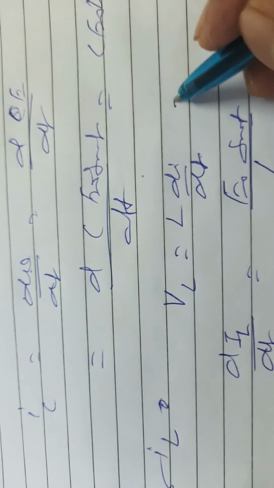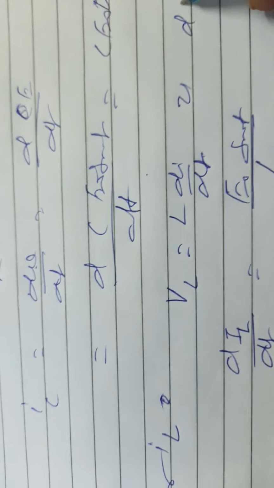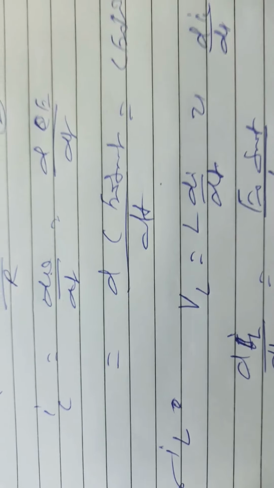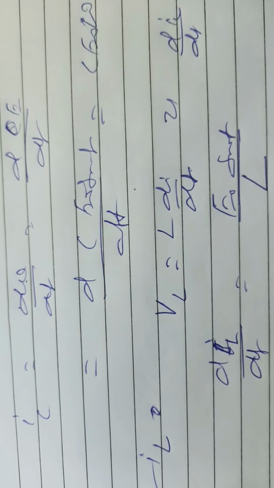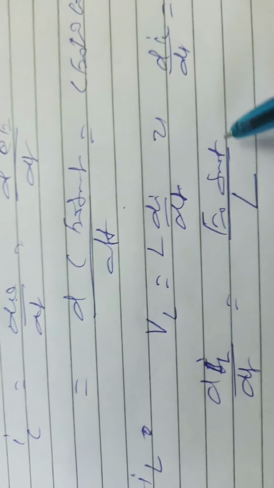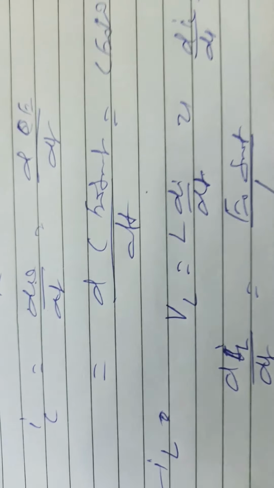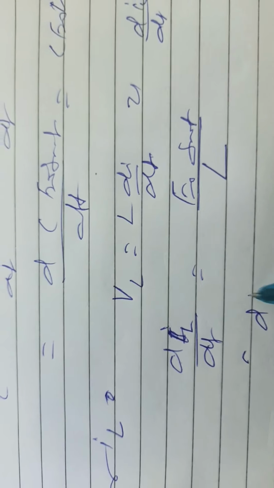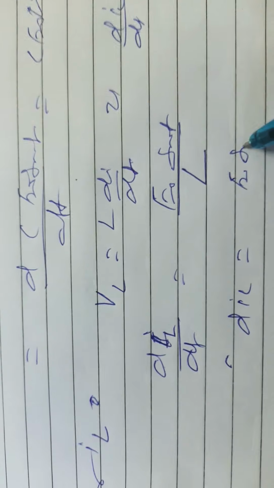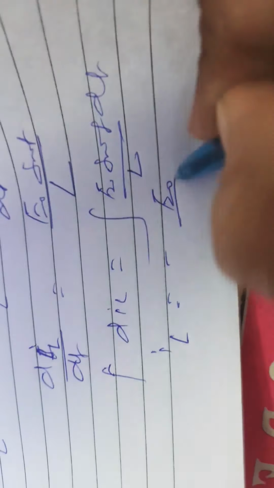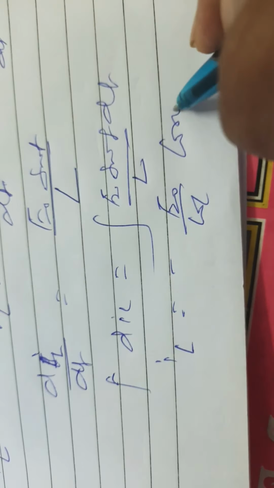So d small IL by dt is equal to VL by L, which is E naught sine omega t by L, and then we integrate this. After integration, dIL is equal to E naught sine omega t dt by L. Integrating, we get IL is equal to minus E naught by omega L cos omega t.